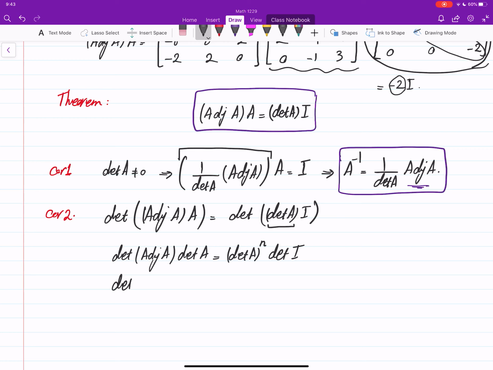Now you see that for the determinant of adjoint of A, if the determinant is non-zero, I can divide this to the other side, and we get that the determinant of A to the power n minus 1 is what we get.